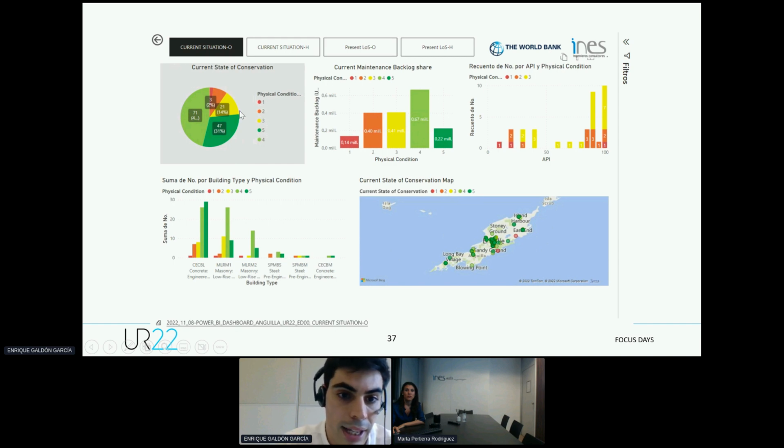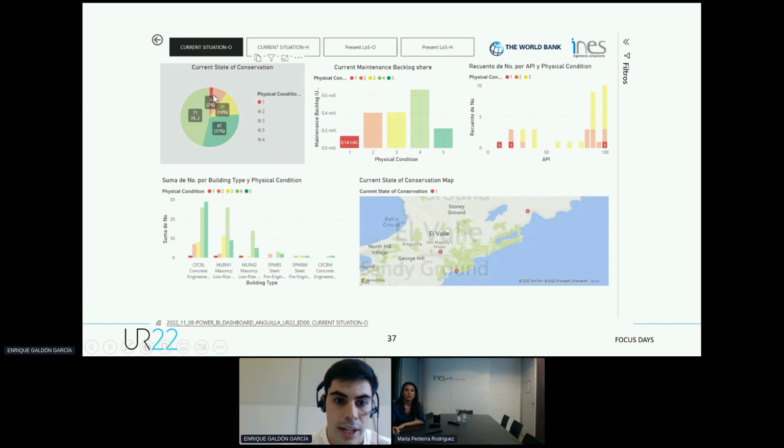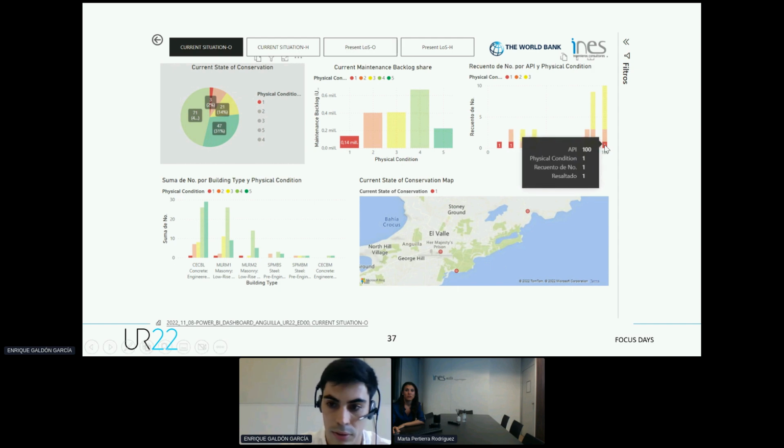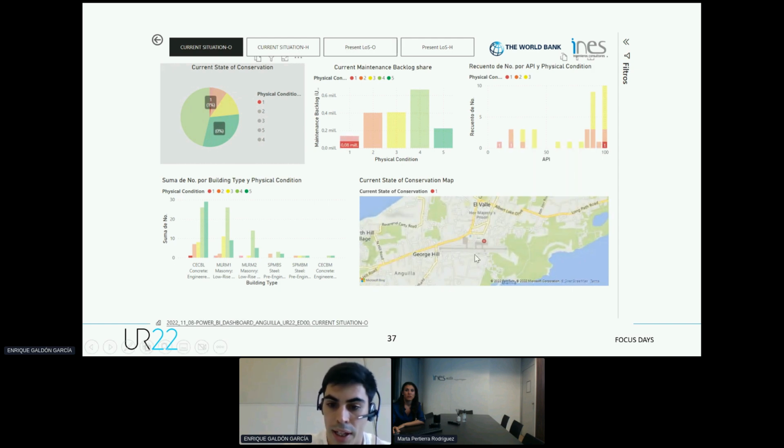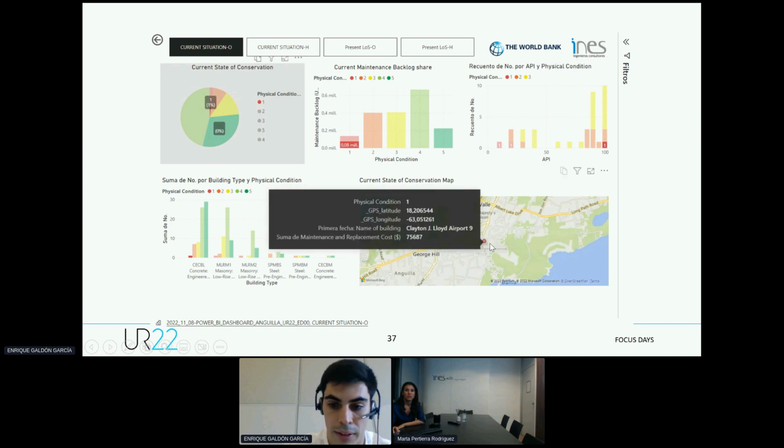For example, we can select those buildings with low physical condition, only these three buildings, and also the asset priority index, which means the importance or relevance of the building for the country. If we select, for example, an asset priority index of 100, we can see here in the map the location of this building.